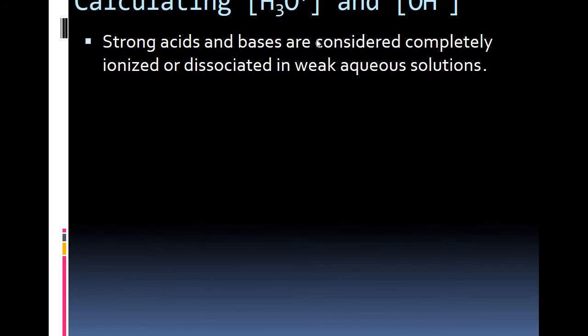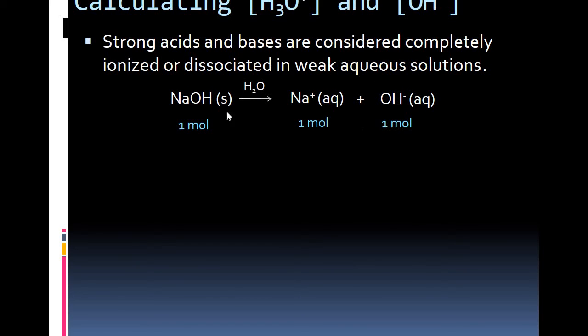All right, so calculating hydronium and hydroxide: strong acids and bases are considered completely ionized or dissociated in weak aqueous solutions. So for strong bases, in this case sodium hydroxide, it will completely form hydroxide ions. Your concentration of NaOH is going to give you 1 mole of OH minus.